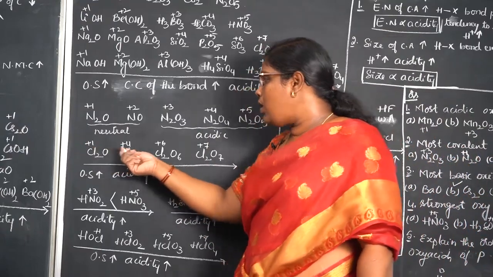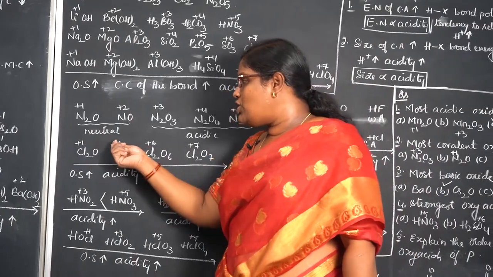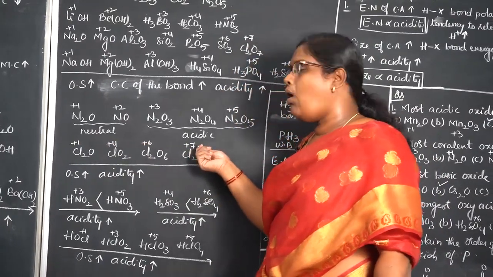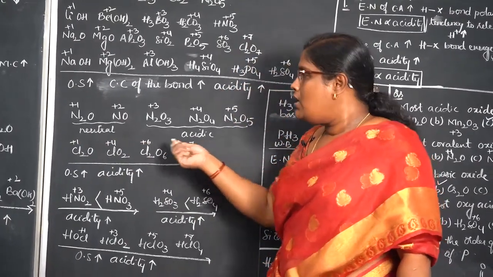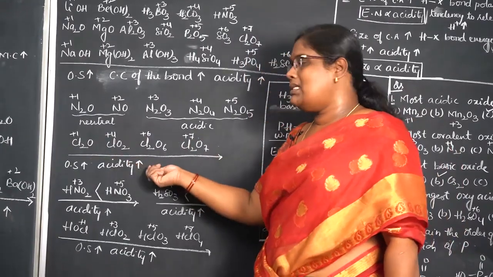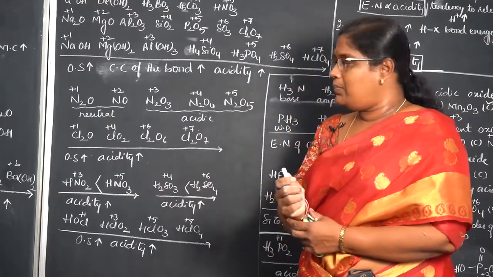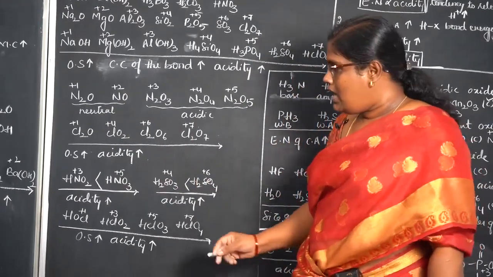Similarly, if I take the oxides of chlorine, here also the changing factor is the oxidation state of chlorine. So as the oxidation state increases, acidity is increasing. So oxidation state is directly proportional to acidity.